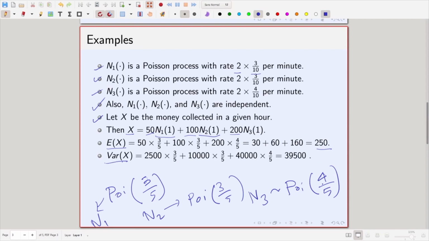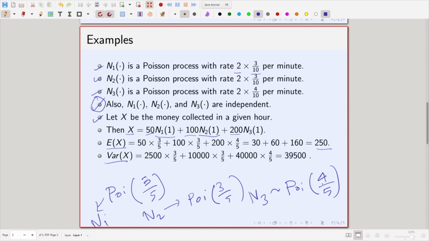Now, what will be the variance of X? Again, the variance of X should be the variance of this quantity. This is where we will use the fact that N1, N2 and N3 are independent, because the variance of a sum of random variables just becomes the sum of the variances, provided the random variables are independent. Again, we know that if a random variable has a Poisson lambda distribution, its variance is also lambda.